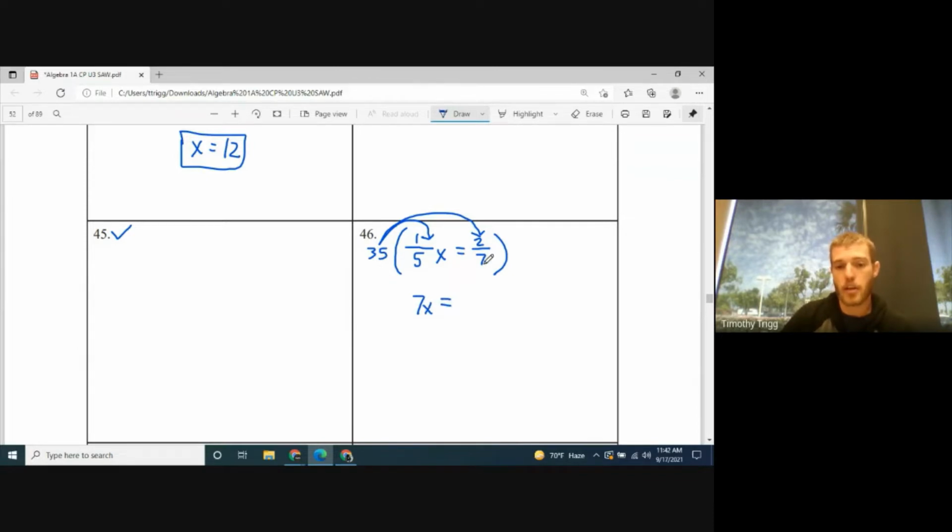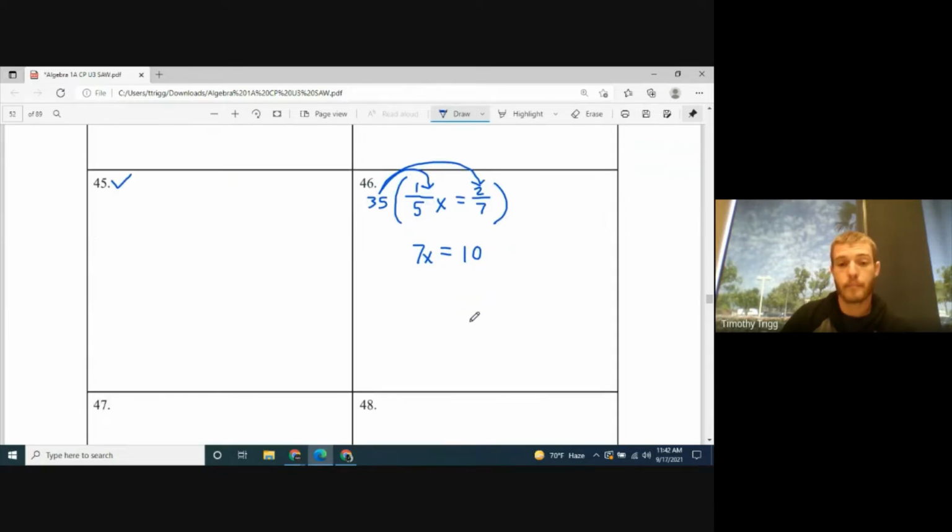On the other side of the equation, 35 times 2/7, again, you do 35 divided by the denominator and then multiply by the numerator. So 35 divided by 7, that's 5. 5 times 2 is 10. Now to get x by itself, we divide both sides by 7. Here, our answer for x is a fraction.